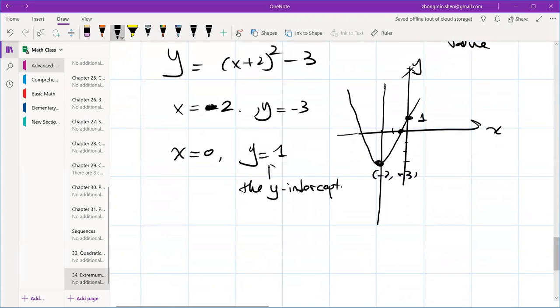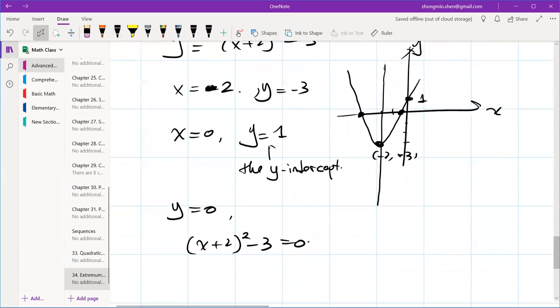Now I want to find the x-intercept. How do I find the x-intercept? I set y to be 0. I want to find out the x value. I use the standard form of the equation. So (x plus 2) squared equals 3.